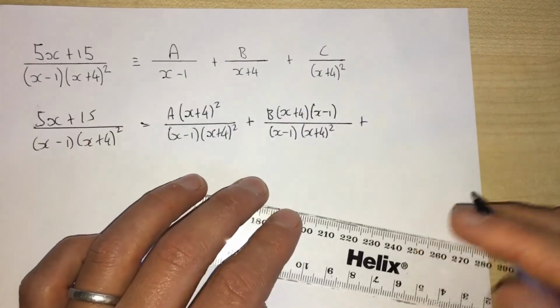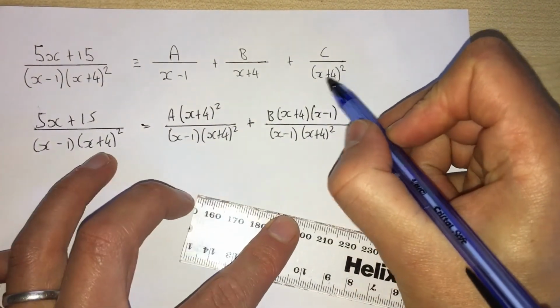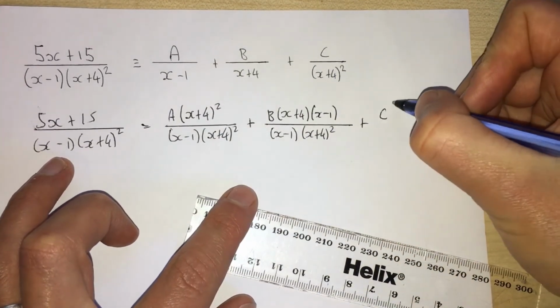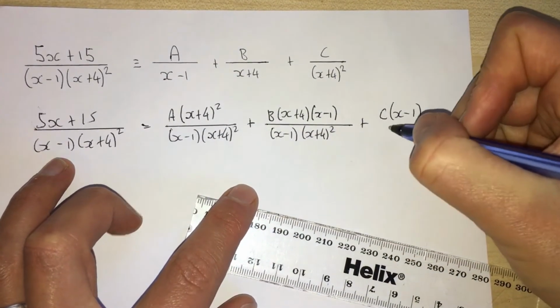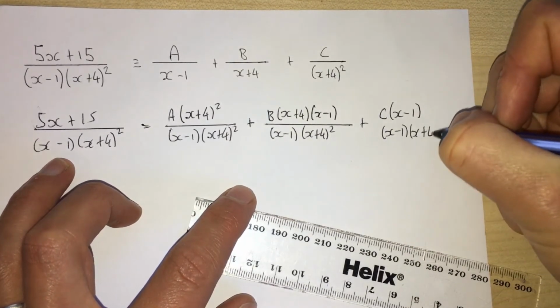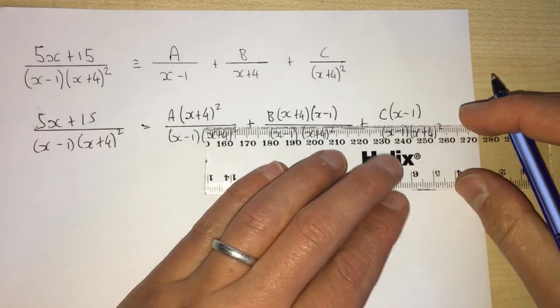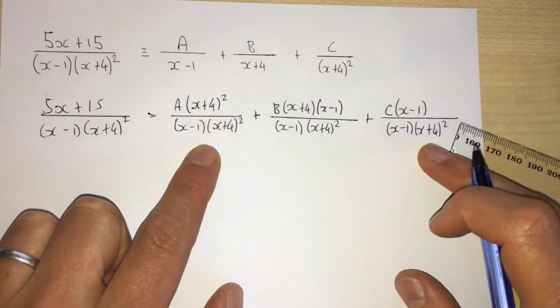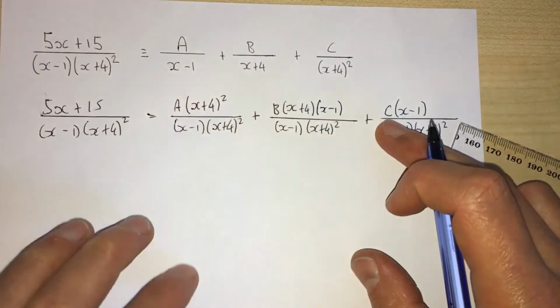The third fraction has already got the square of x plus 4, so it only needs the x minus 1 term. And that will give us the denominator that we're after. Now that the denominators are the same, we can add the numerators together.